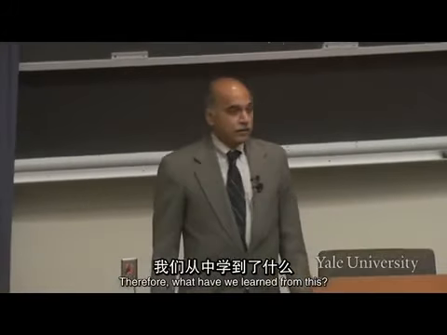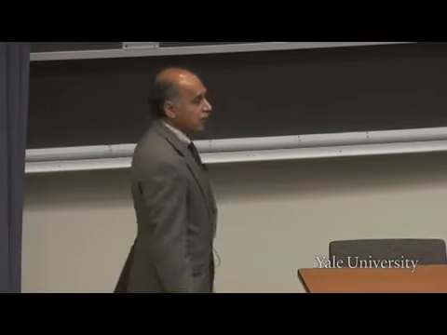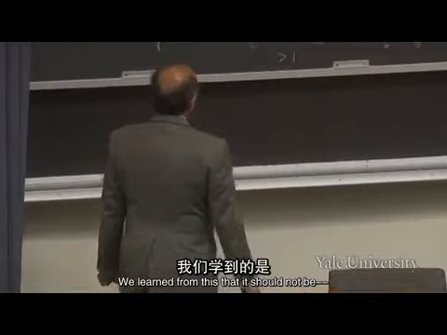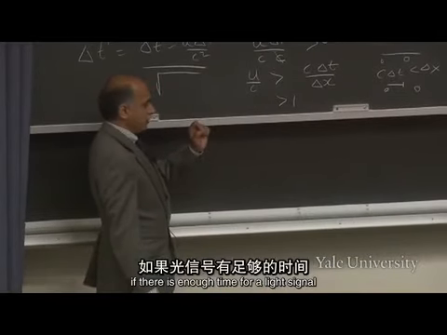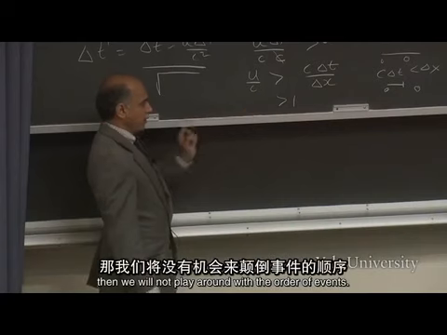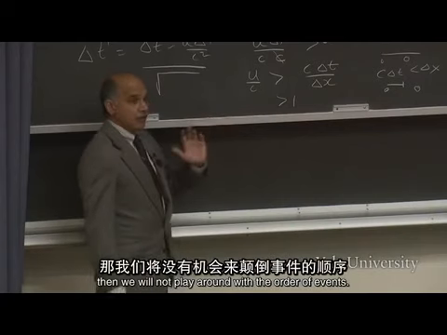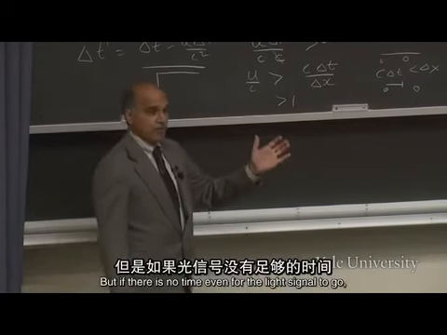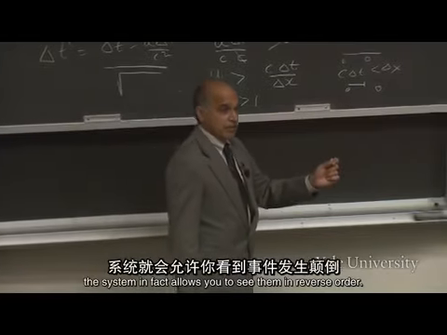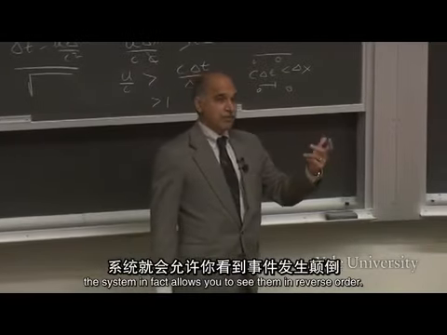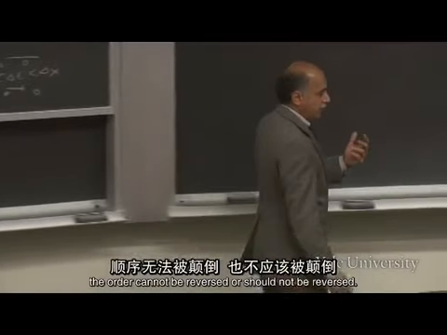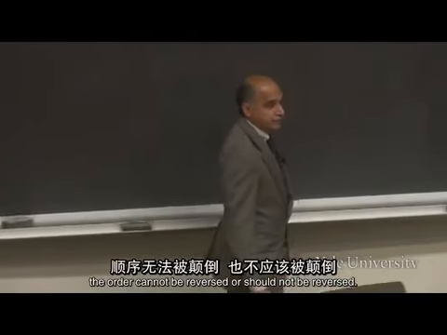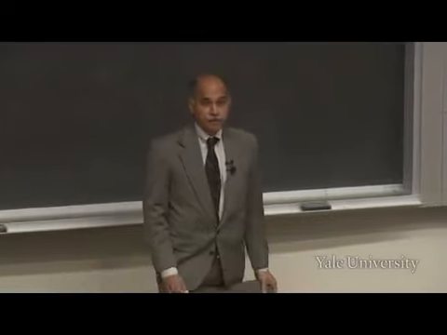Therefore, what did we learn from this? We learned that if there is enough time for a light signal to go from one event to the other event, then we will not play around with the order of events. But if there is no time even for a light signal to go, the theory in fact allows you to see them in reverse order. But we have seen that events which are causally connected, their order cannot be reversed, or should not be reversed.